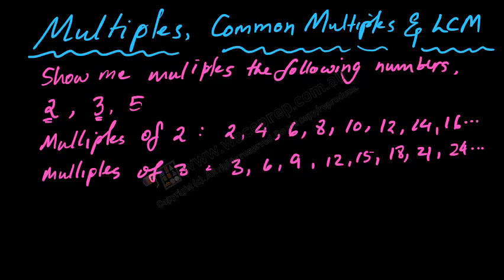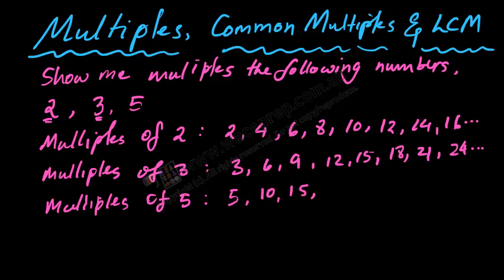And finally you can say multiples of 5, which are 5, 10, 15, 20, 25, 30, 35, 40 and so on. Now that's how we show the multiples.